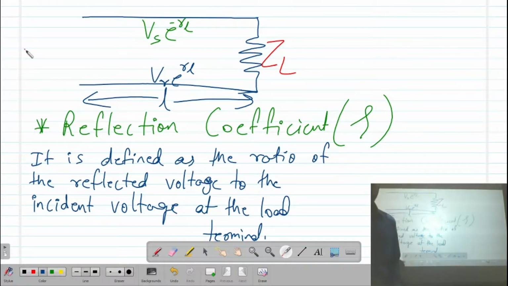Now let us derive the relation between the reflection coefficient and ZL and Z0, that is the characteristic impedance.